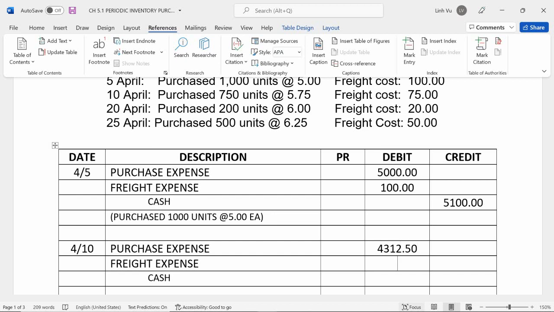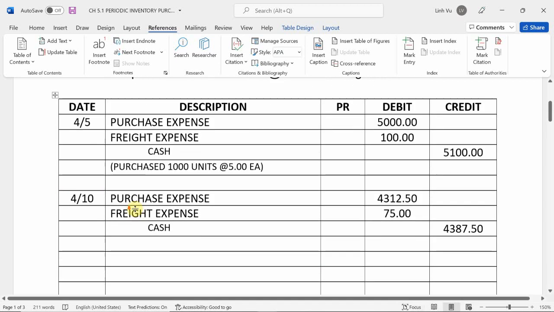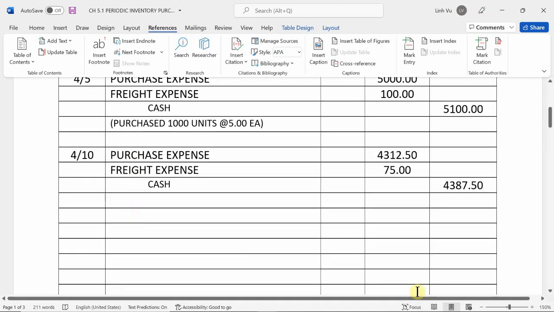How much was my freight? $75. So what's my total cash paid? $4,387.50. Good.